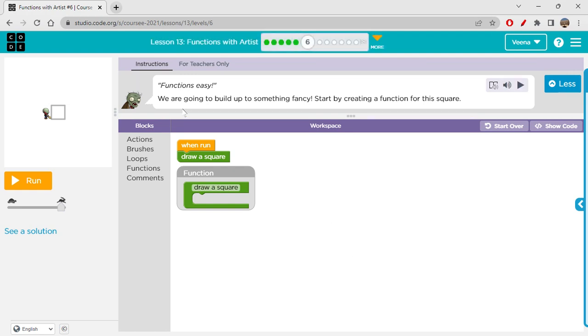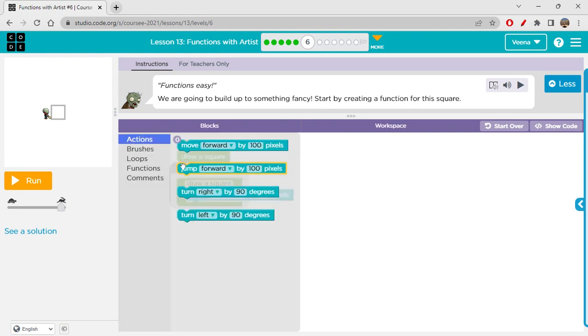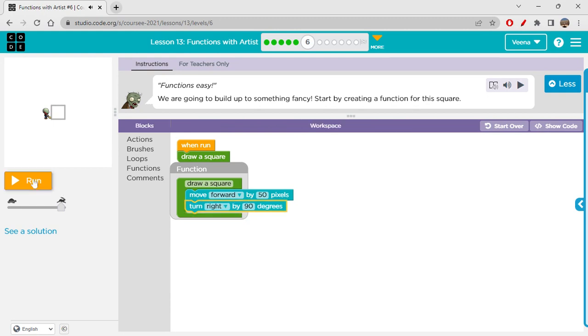Functions easy. We're going to build up to something fancy. Start by creating a function for the square. Oh, so it's going to guide us basically. Maybe this should be a continuation project. Let's check if it's the same. Move forward by 50 pixels, and then turn right by 90.